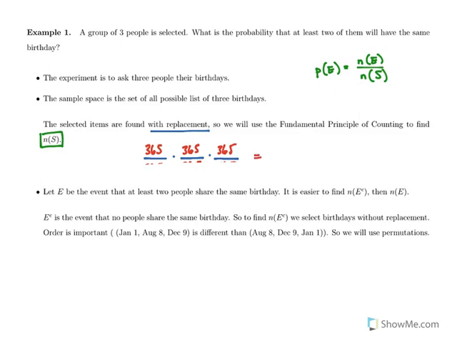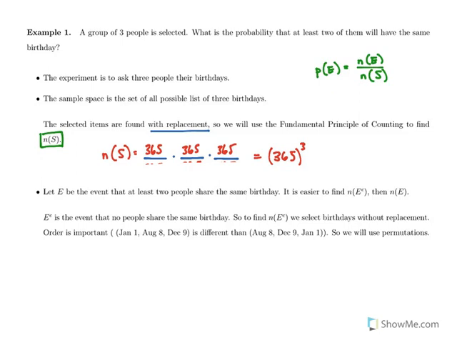So the size of the sample space, how many different combinations of 3 birthdays do we have? We're just going to write that as 365 cubed. So that's going to be the denominator of our probability.